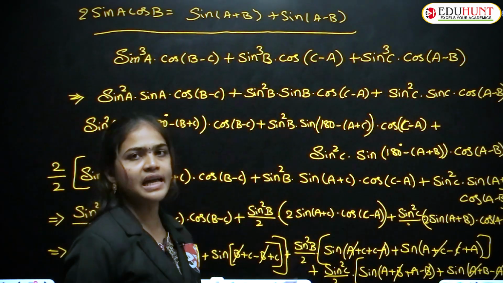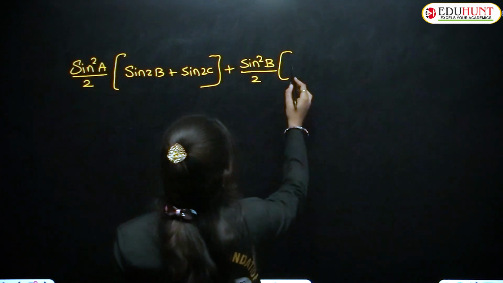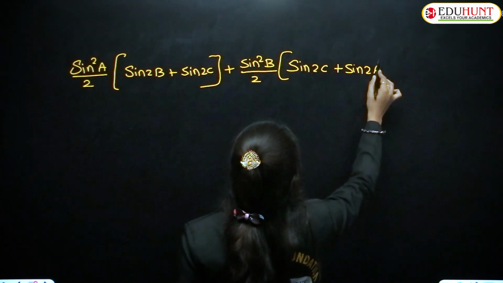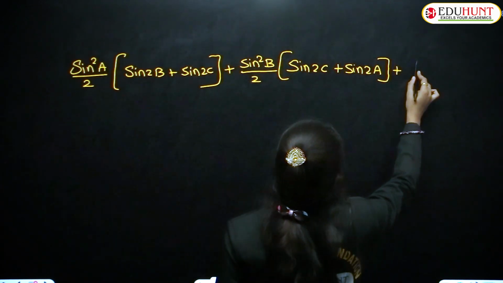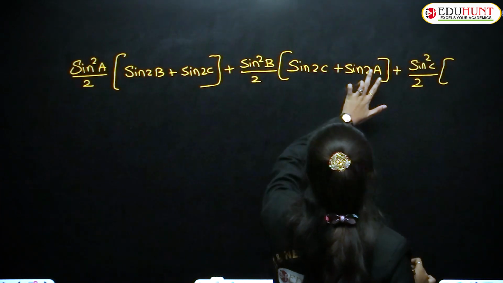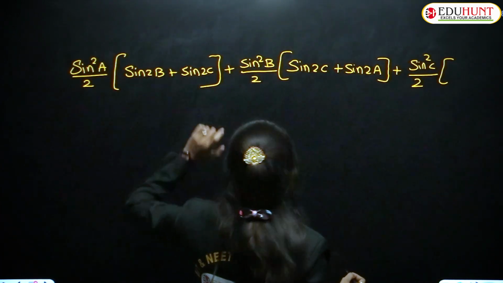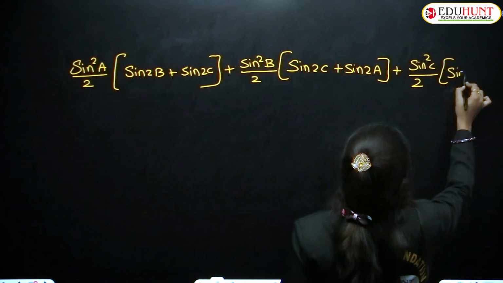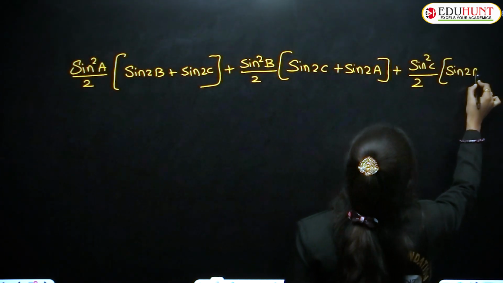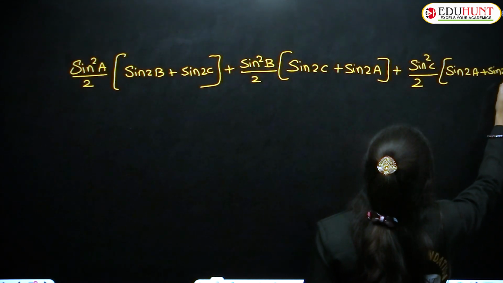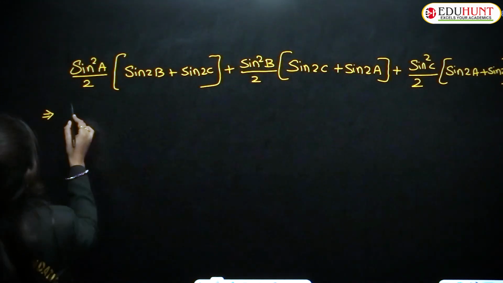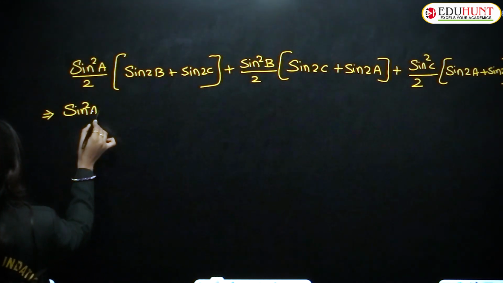So sin 2c plus sin 2a, plus, and similarly sin square c by 2 into, here b is there means ca terms came, and here a is there means bc terms came, no? So here sin 2a plus sin 2b. Okay, clear to you?